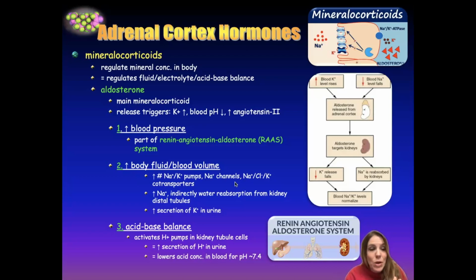Well, in a solution where there's high concentration of a solute like sodium, by default, that means there's low concentration of water. So the water is going to eventually follow the sodium. Sodium is then going to want to go through diffusion from where it's more concentrated to lesser. So it's going to go the opposite way. And so you end up having a greater concentration of water, in this case, in the body tissues. So you're increasing your overall blood volume in the body, thereby increasing blood pressure.